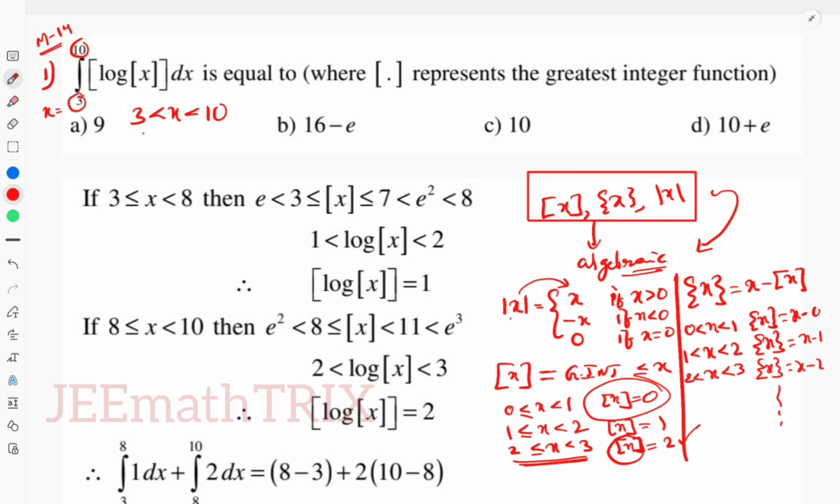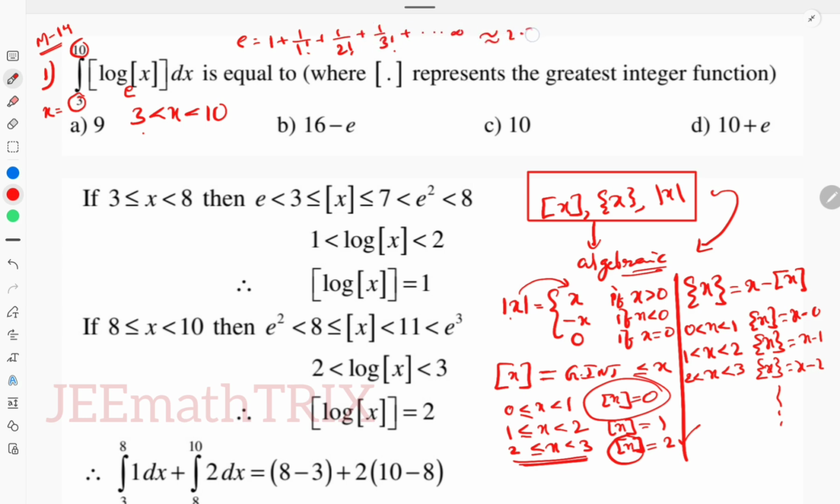Here the log is given. What is the base of that log? By default in JEE Mains or Advanced, if nothing is mentioned, we have to assume that the base is e. What is e? The value of e is an infinite series: 1 plus 1 by 1 factorial plus 1 by 2 factorial plus 1 by 3 factorial, and so on to infinity.